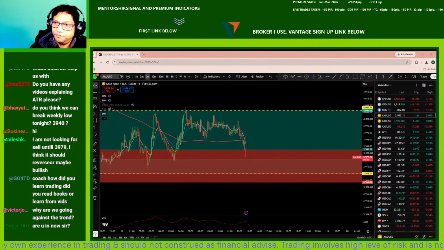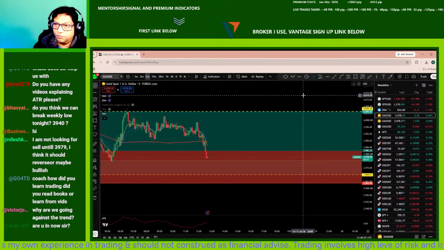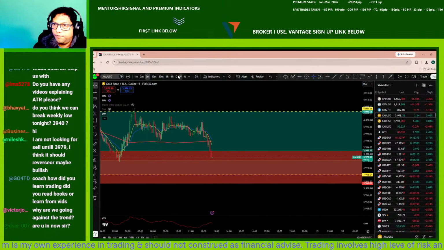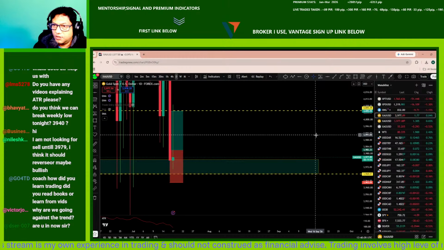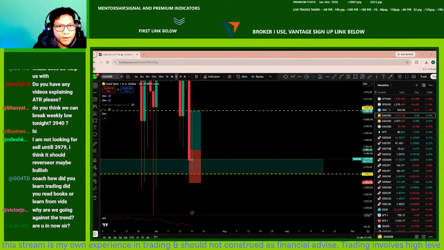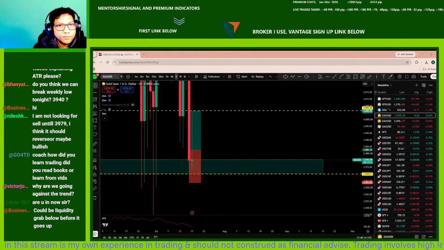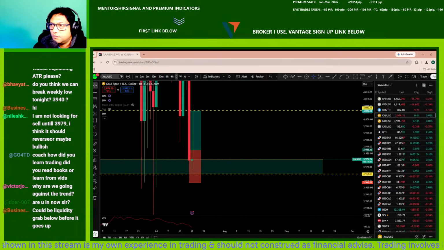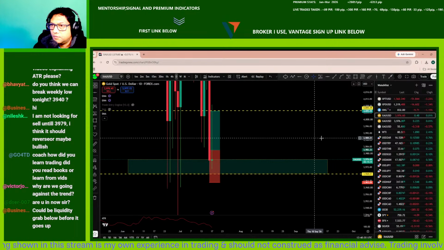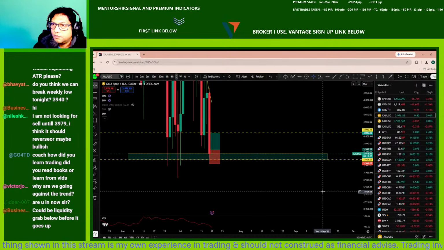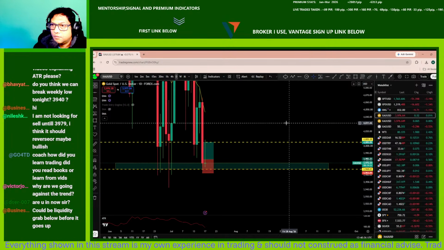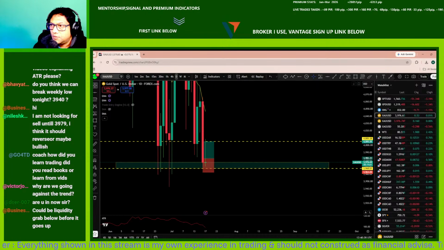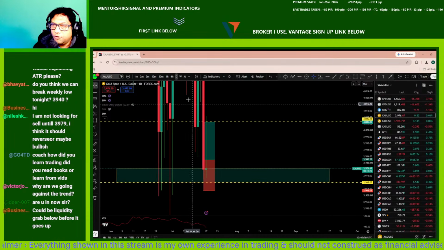Okay, having seen some bearish move here, the market has almost reached the daily support. So you are on the daily support.